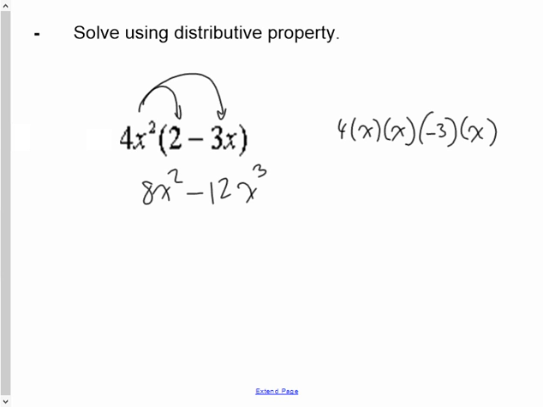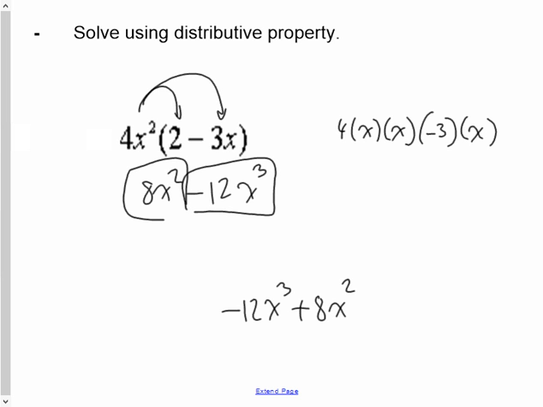Now, if you were asked to express all answers in descending degree of terms, you would have to rearrange it like this, keeping in mind that that is a negative 12x cubed, not a 12x cubed. So if you rearrange them in descending degree, this would be the whole term, and this would be the second term. But you probably won't have to, so don't worry about it.